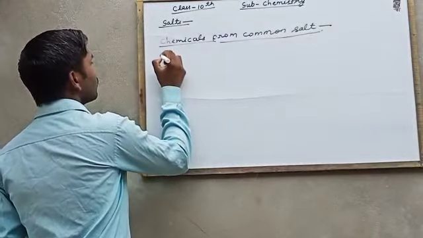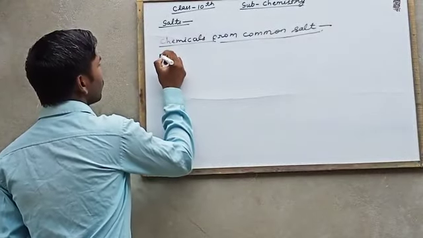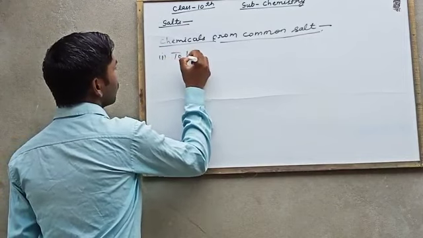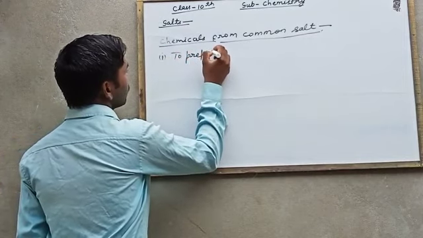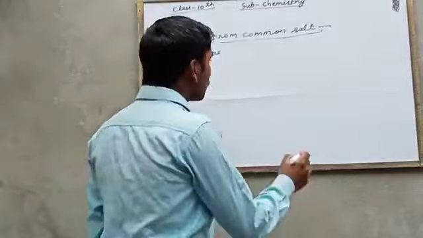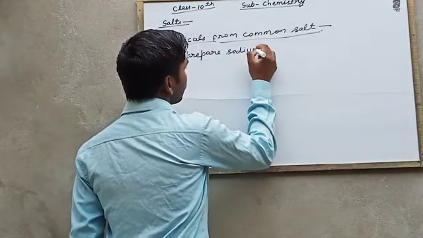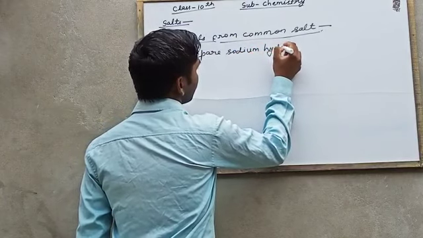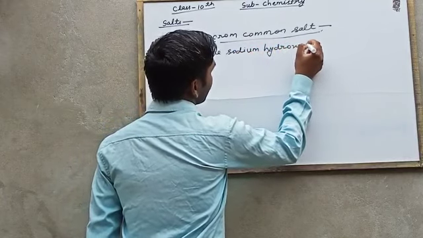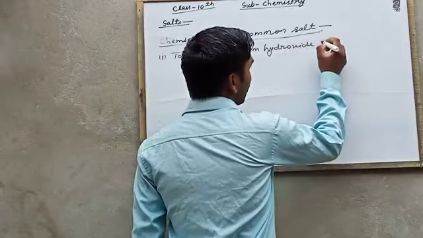First, to prepare sodium hydroxide. This is also known as caustic soda.